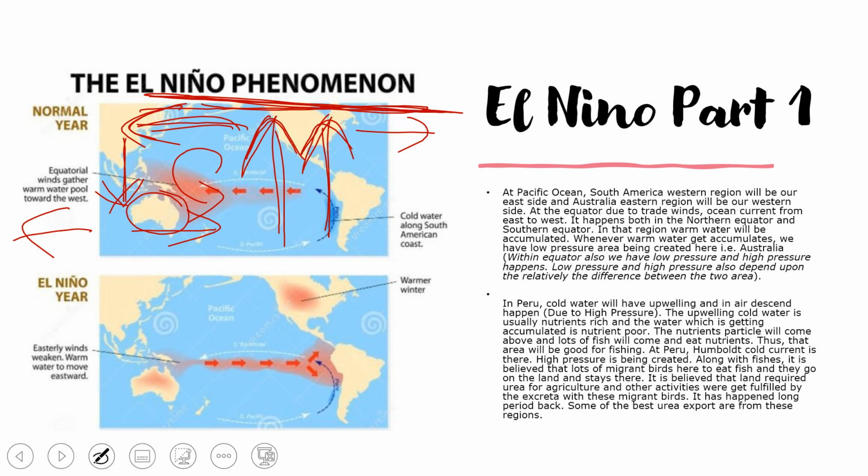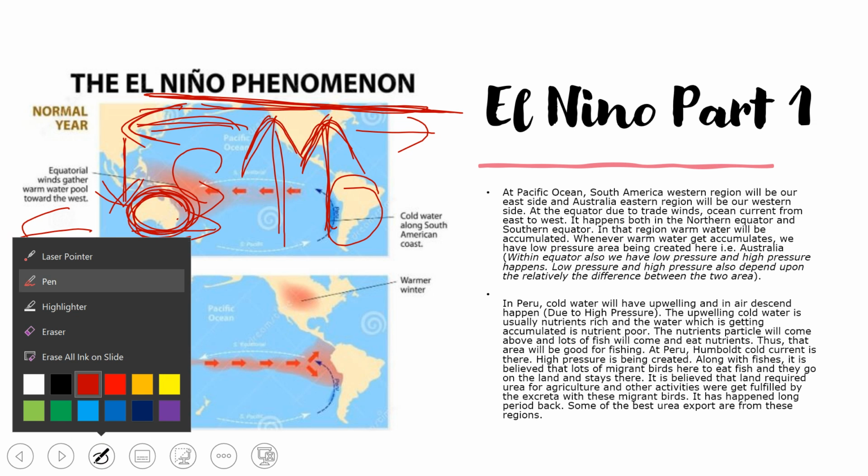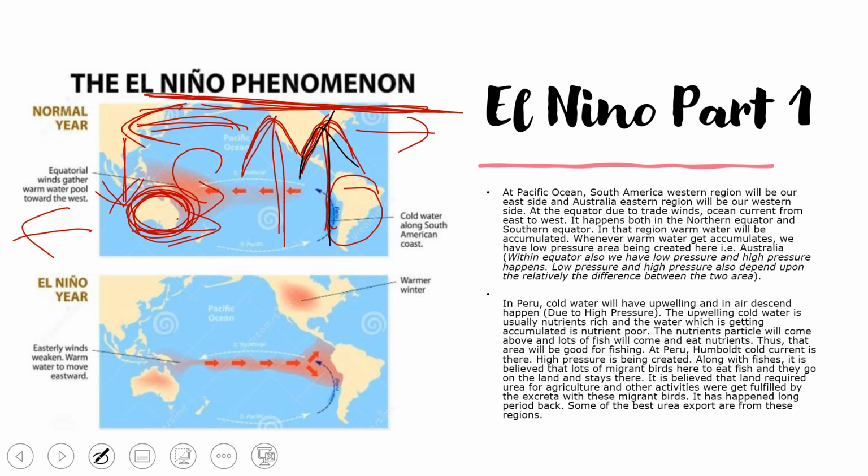Now from your South America side, this is your South America. So what happens is air will rise from this area, Australia, go above, and move in the South America direction, because it hits the troposphere. In the troposphere it will move in all directions. So one part will move in the South America direction, in the Peru region.